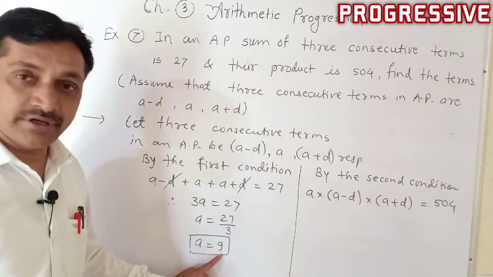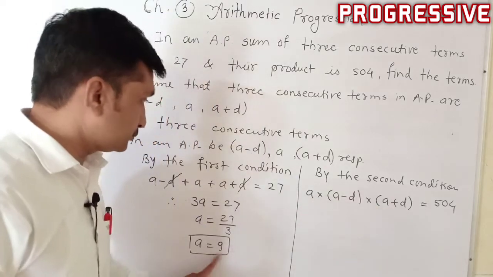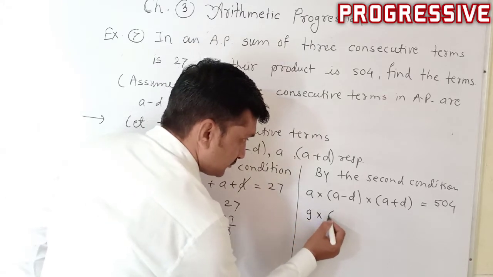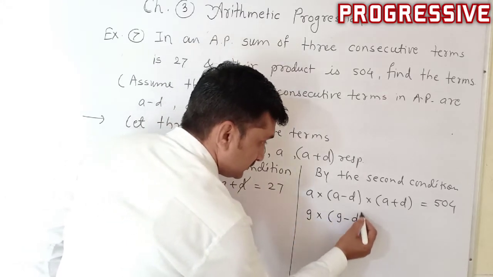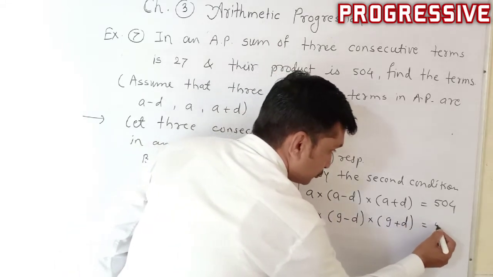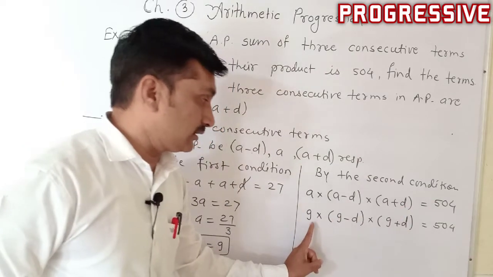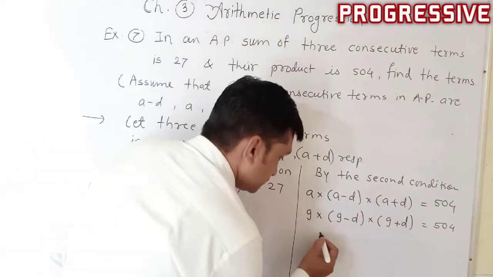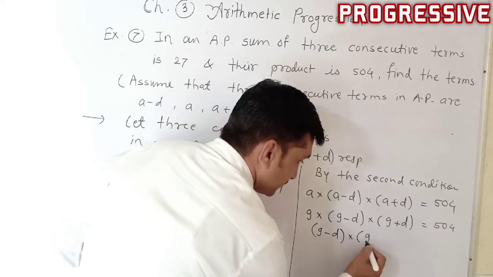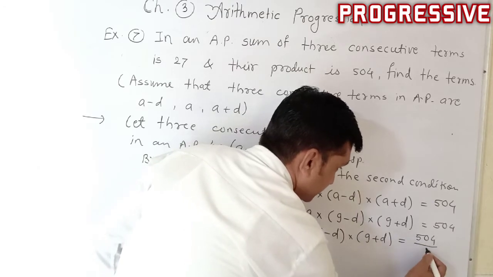This is the second condition. Now let's solve this. The a value is already 9, right? Now put the value of a as 9. 9 multiplied by (9 minus d) multiplied by (9 plus d) is equal to 504. Now transfer 9 to the other side: (9 minus d) multiplied by (9 plus d) is equal to 504 divided by 9.